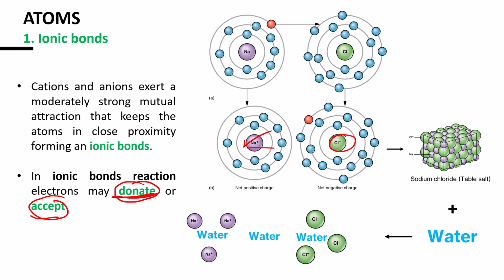Then they become positively and negatively charged, and when you have two ions that have different charges, they attract each other, and that attraction is what keeps those atoms together, forming a compound, in this case, table salt. Ionic bonds, I told you that from the 3 types of bonds, these are the strongest, they're very hard to break.